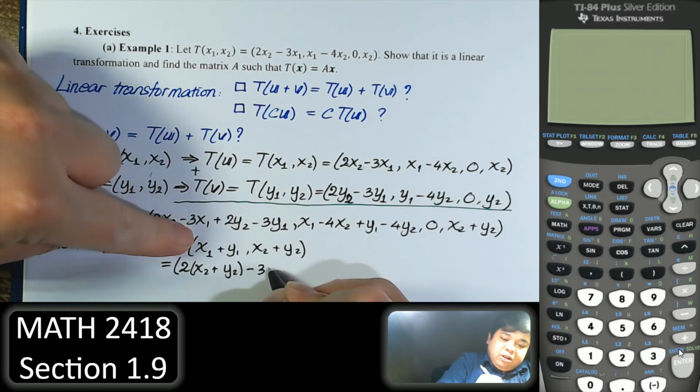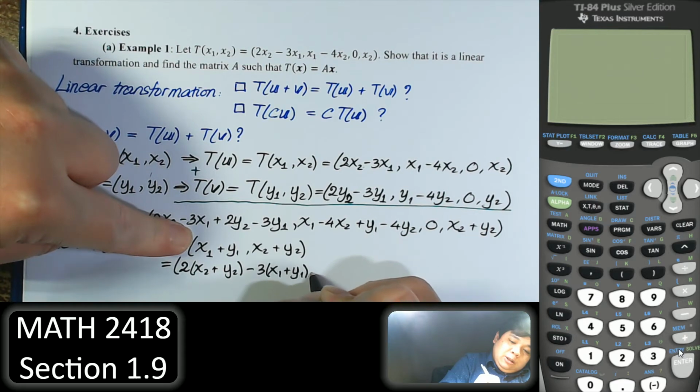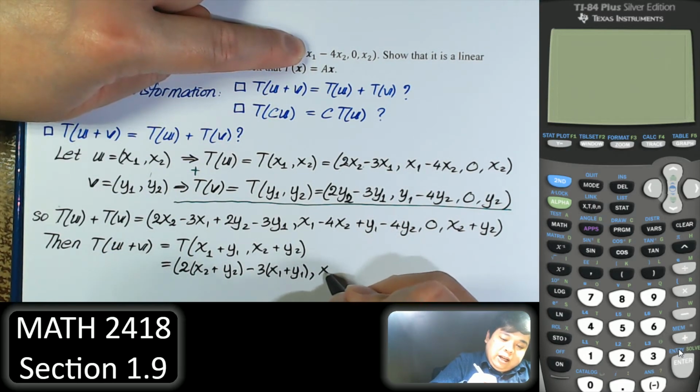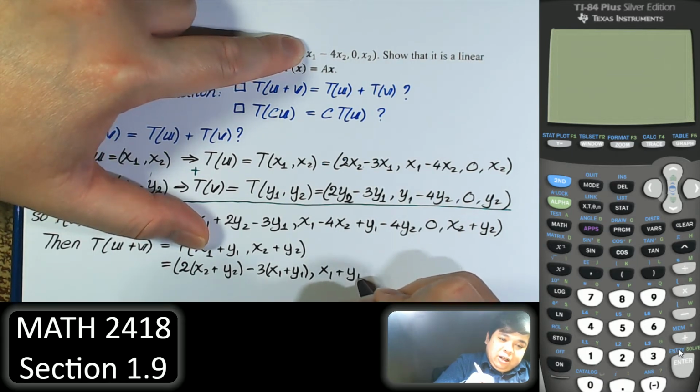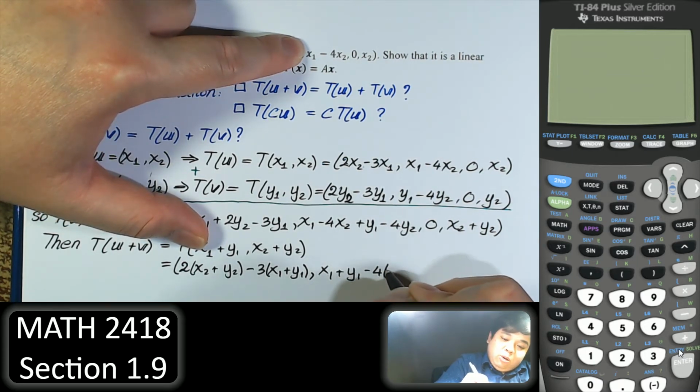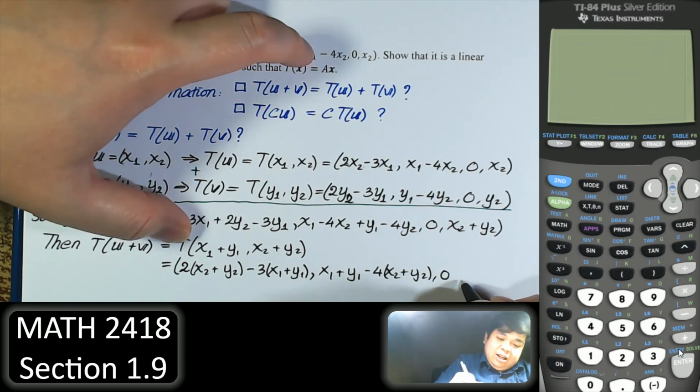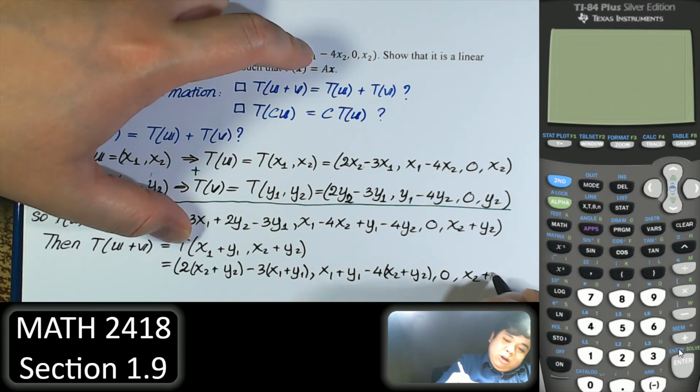Subtract 3 times the first component, x1 plus y1. Subtract 4 times the second component, x2 plus y2. And then 0, and then the second component, x2 plus y2.